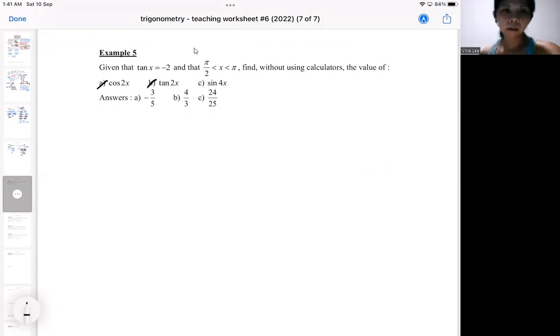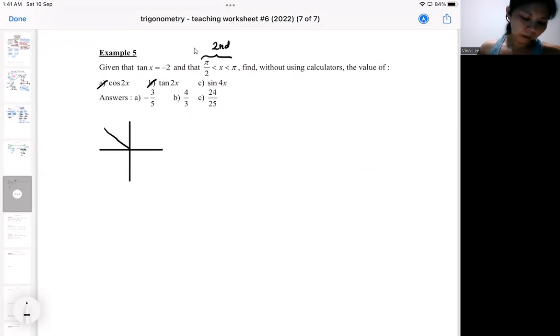So again, here we're given tangent x equal to -2, and this is in the second quadrant. So I'm going to draw first. It's the same idea, it's always drawing. And after the drawing, I should always come up with my ratio first. I will do my Pythagoras.